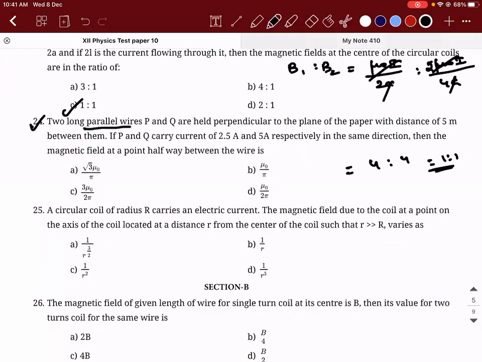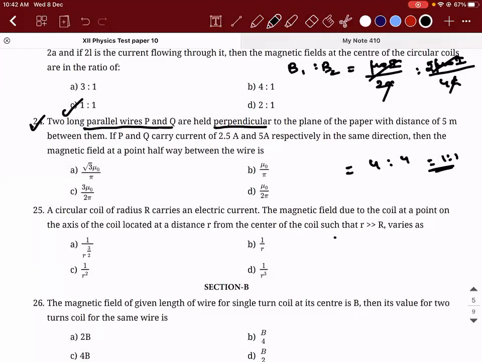Two long parallel wires P and Q are held perpendicular to the plane of the paper with a distance of 5 meters between them. If P and Q carry a current of 2.5 amperes and 5 amperes respectively in the same direction, then the magnitude of the field halfway between the wires is how much?